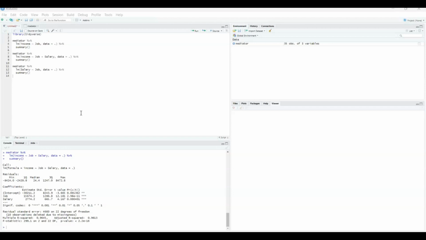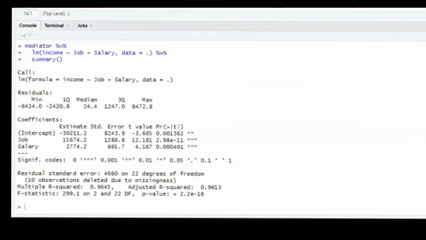Okay, so I assume that you've done that at this point. And what we're going to do today is take another look at the coefficients table of the multiple linear regression with a mediator. And we found out that the independent variable job has an effect of 15,674 on the dependent variable income.